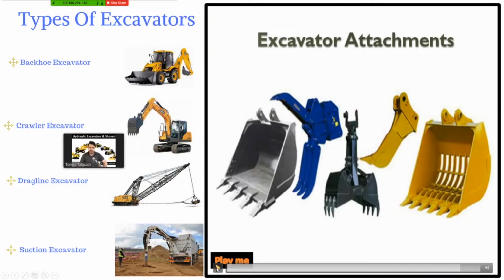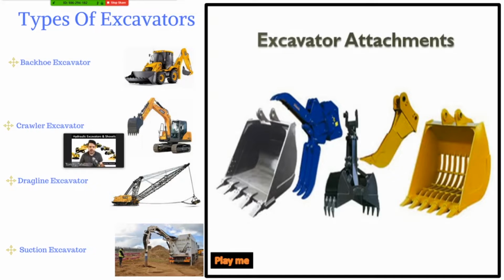And we have different types of attachments that could modify the application of an excavator. So the term excavator does not necessarily mean this guy or this guy, it is a type of equipment.